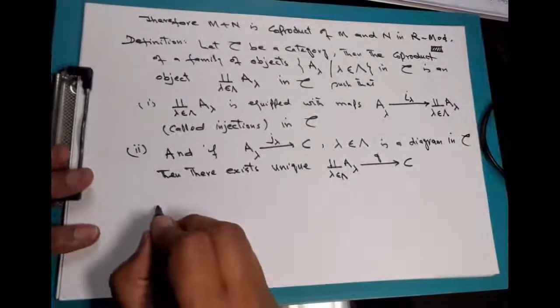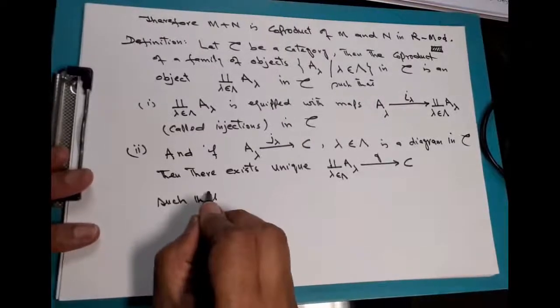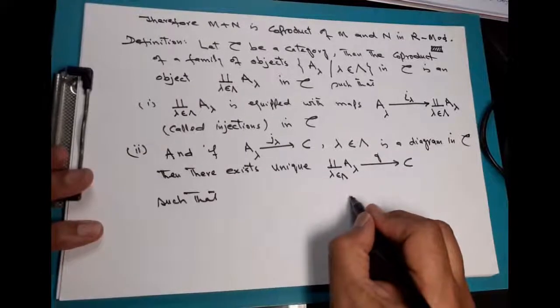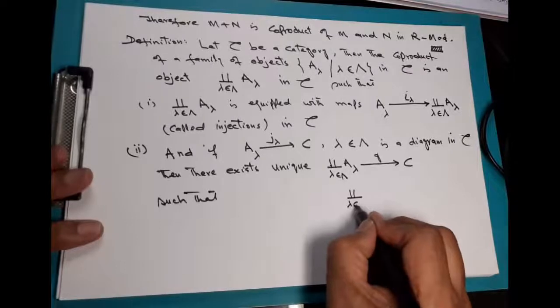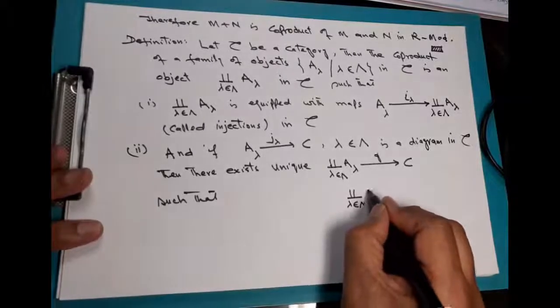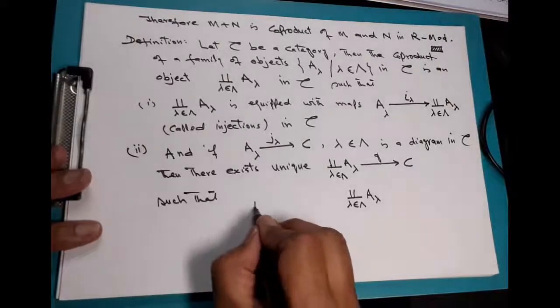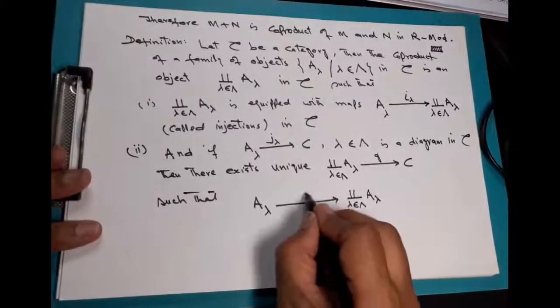such that this diagram commutes. This is the co-product, and this is the injection I lambda.